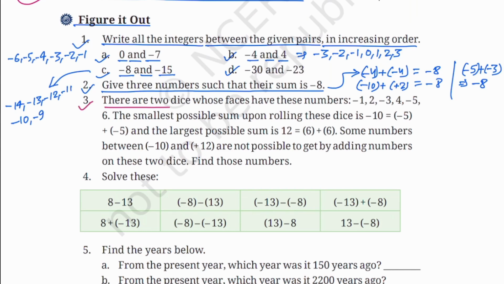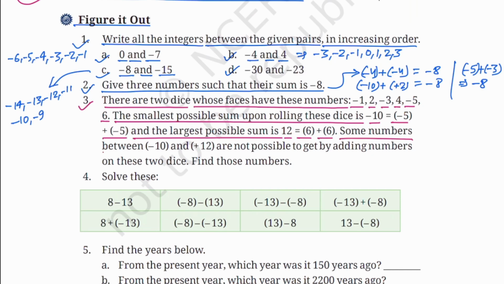3. There are 2 dice whose faces have these numbers: -1, 2, -3, 4, -5, 6. The smallest possible sum upon rolling these dice is -10, which is -5 plus -5, and the largest possible sum is 12, which is 6 plus 6.